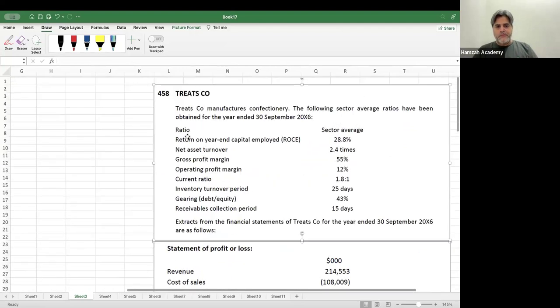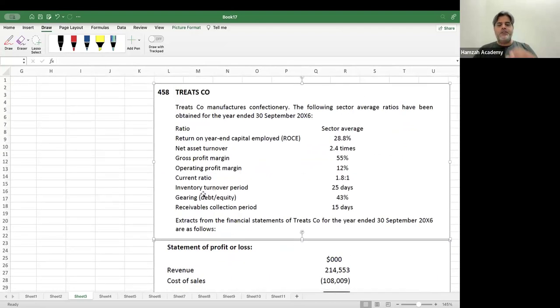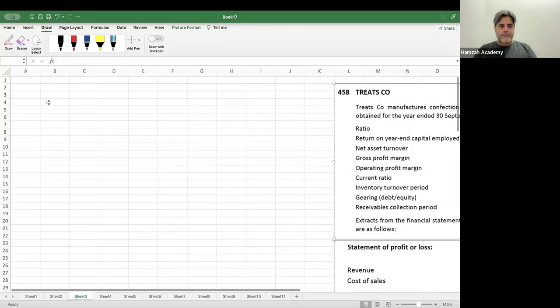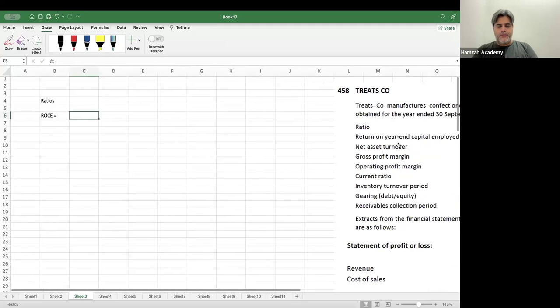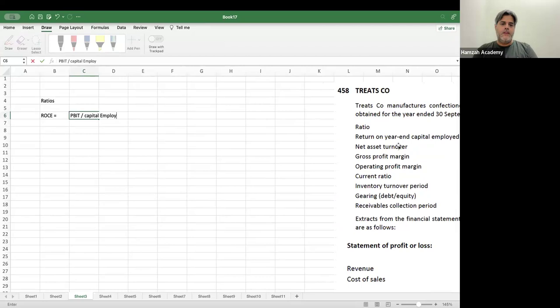So these are the Treats company figures, and these are the sector average ratios. So we have to calculate them for Treats now. First things first, I'm going to calculate the ratios. The first ratio is ROCE, return on capital employed: profit before interest and tax divided by capital employed.